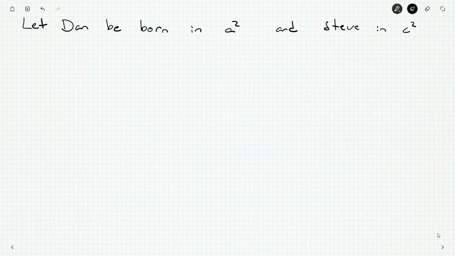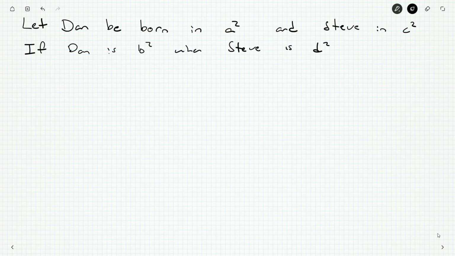And then if Dan is B squared when Steve is D squared, we have A squared plus B squared equals C squared plus D squared, and that total should be the year, because it's when they were born plus their age. So that should be the year that we're looking for.